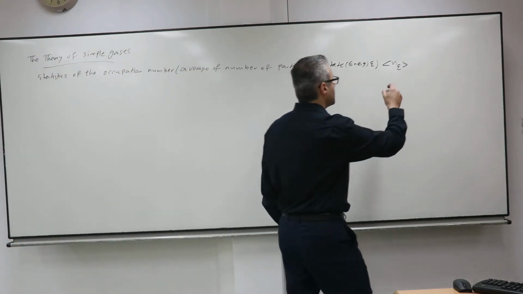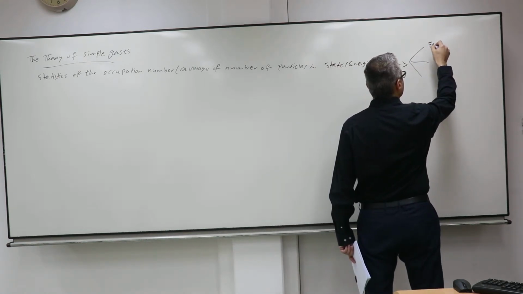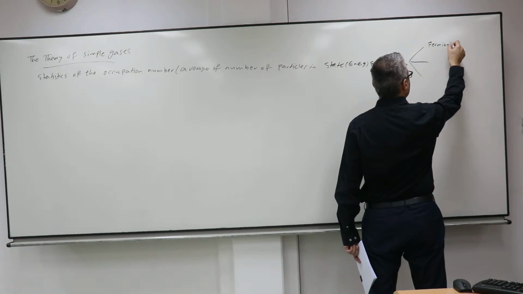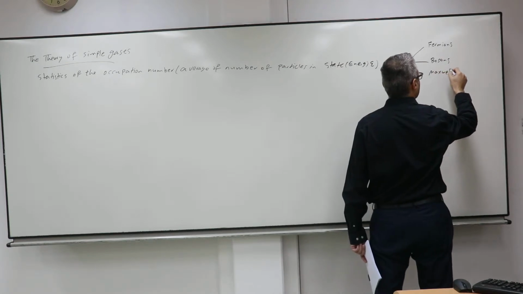So we will consider three types of particles: fermions, which I talked about before, and the bosons, and the Maxwell and classical particles.